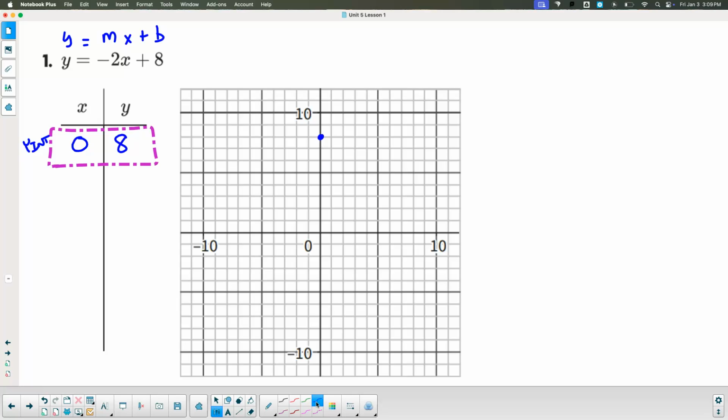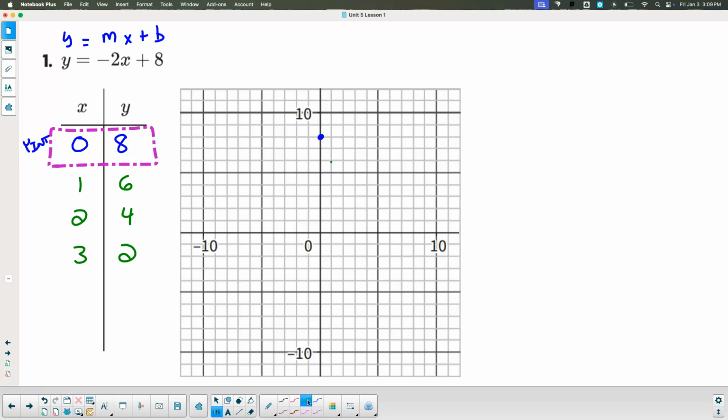Then a slope of negative 2 means that I'm going to go down 2 and right 1. So that means at 1, I would be at 6. Down 2 on the y values, right 1 on the x. Down 2, right 1.